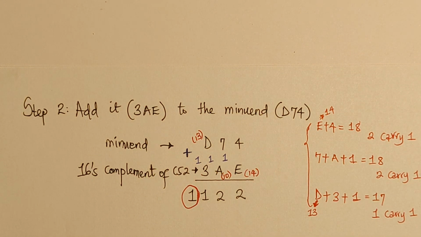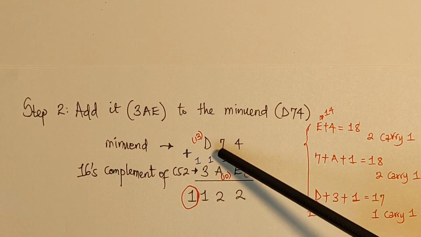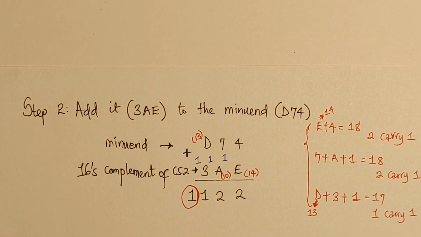So we will divide the value, which will be 16 into 18, will be 1 remainder 2. So we are going to write 2 and carry 1. We next move to the next digit, which is 7 plus 1 plus A. A here is 10, so that's 7 plus 10 plus 1 will give us 18 again. So here we will write 2 and carry 1.